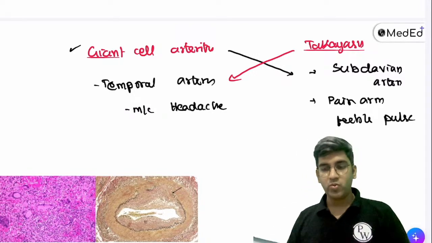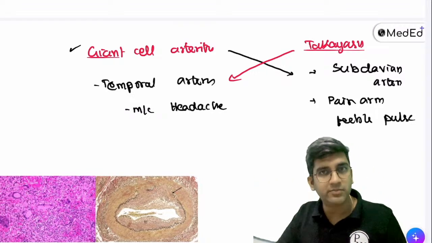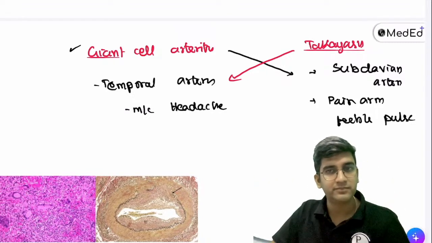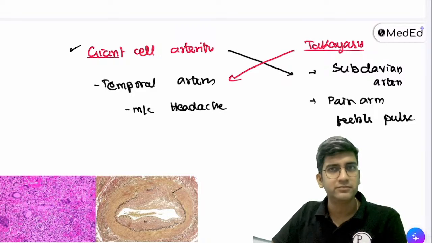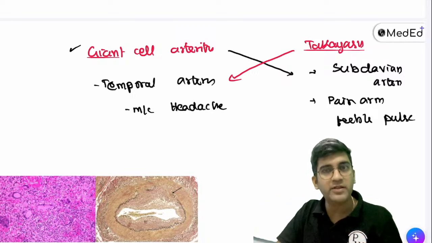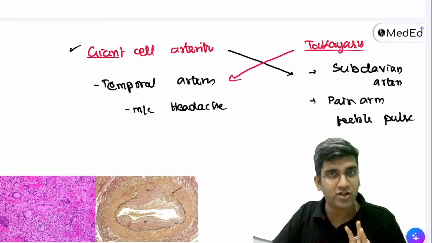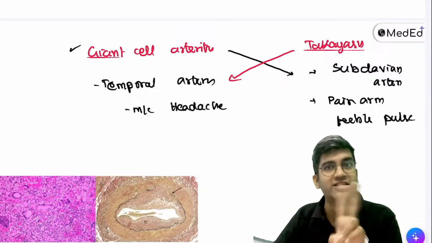Now, if a giant cell arteritis involves subclavian artery, what will be the symptom? Headache or pain in the arm? Pain in the arm. If Takayasu arteritis involves temporal artery, what will be the symptom? Headache. Because symptom is based on the disease, it's not based on the name. It's based on which vessel is involved, right?